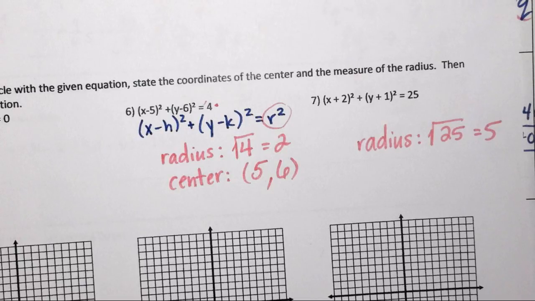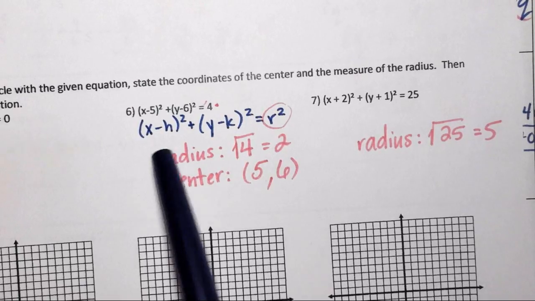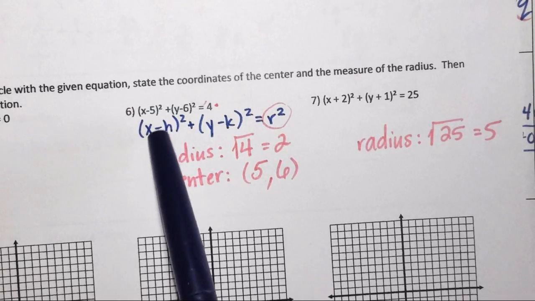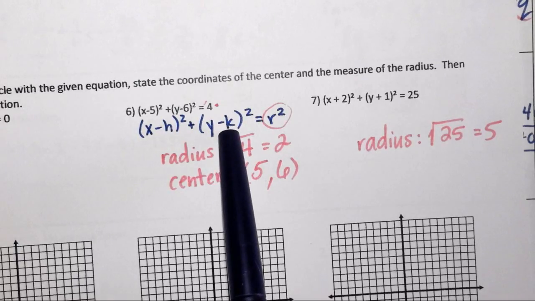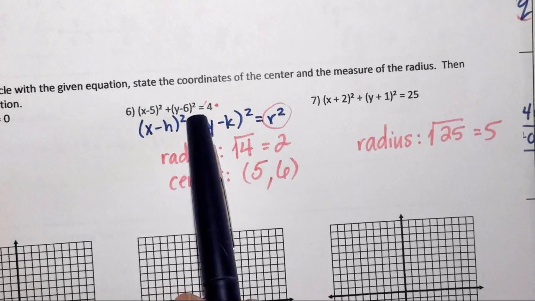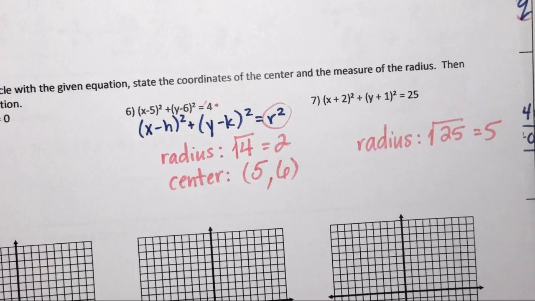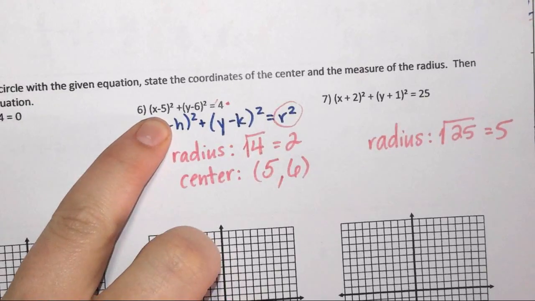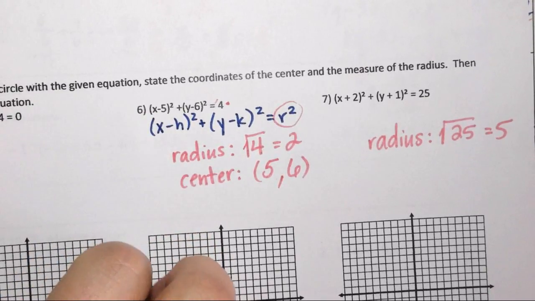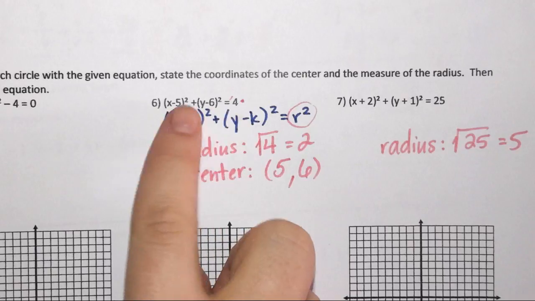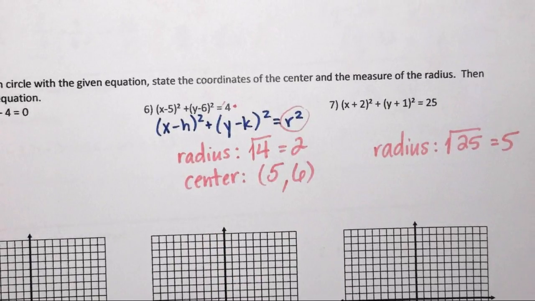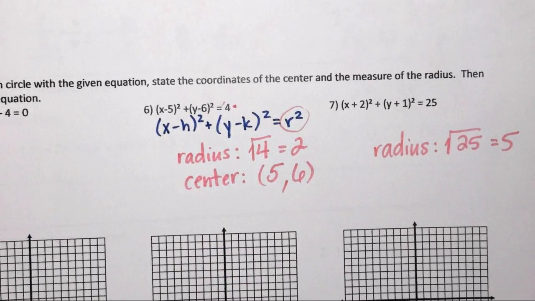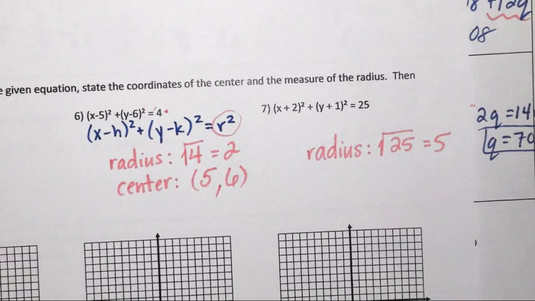If we pay attention to that standard form, it's x minus h plus y minus k. So it really is the opposite sign. So our h, if we cover the x minus, we know our h is 5. So it ends up being the opposite sign. So our center is at (5, 6). Okay, so if we look at our next one, where's the center of our next circle?